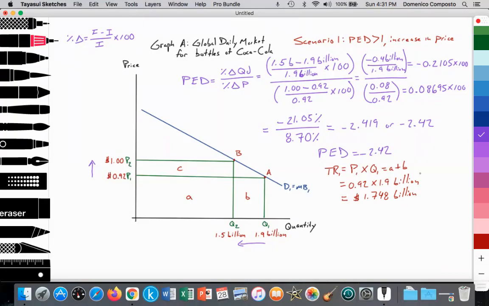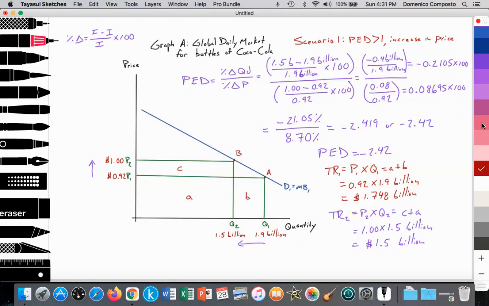Okay? When we raise the price to $1, the new total revenue is now P2 times Q2, which is equal to the surface areas of C plus A. And that's equal to $1 multiplied by the reduced quantity of 1.5 billion units sold per day. And that equals $1.5 billion.